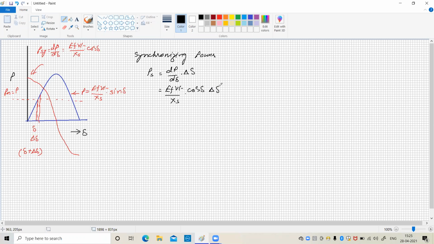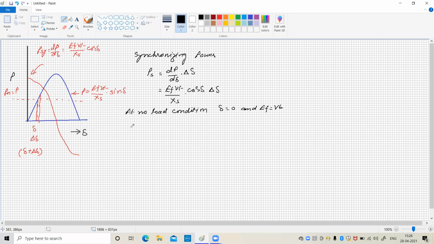Okay. Now say we will consider at no load condition. At no load condition, delta is equal to 0, and excitation EMF is equal to the terminal voltage.